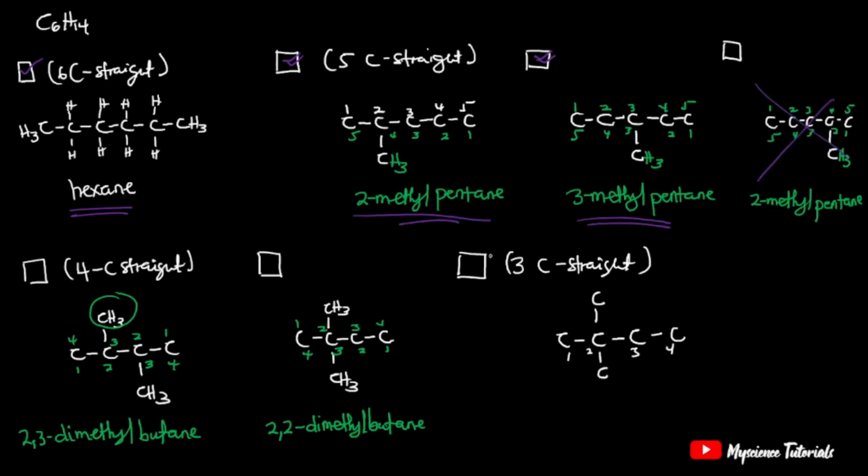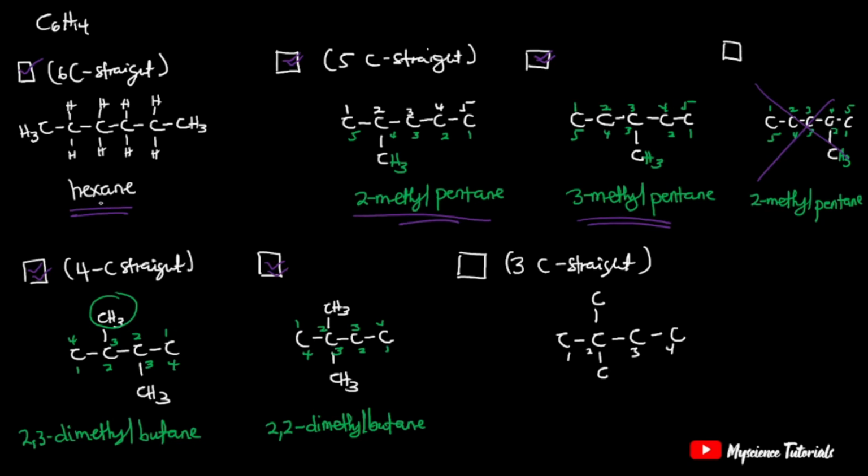It's not part. If we look at this, we have 2,3-dimethylbutane. This is another compound. If we look at this, this is 2,2-dimethylbutane. This is also another compound. So in all, we have 1, 2, 3, 4, 5 possible isomers for a C6H14 molecular formula compound.